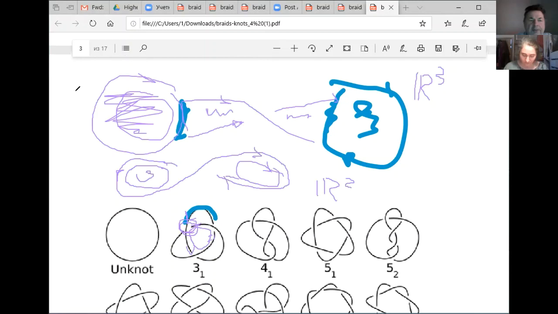And now I'm constructing a two-dimensional object in three-dimensional space. At the very beginning, it was a one-dimensional object in the plane. The aim is to construct a two-dimensional object. Here I'm making a disk. Here I'm making a disk, and where I had a crossing, I'm making a ribbon.